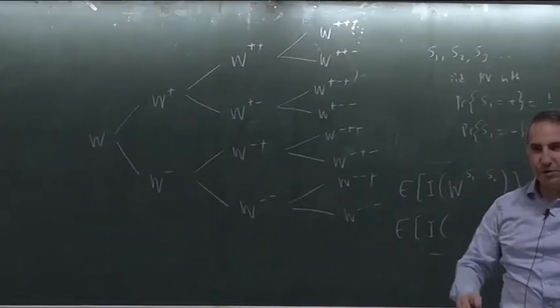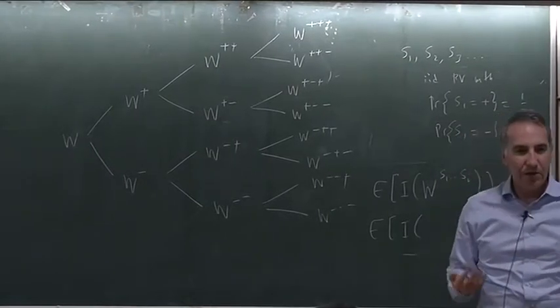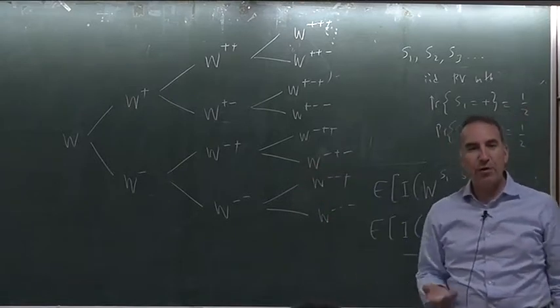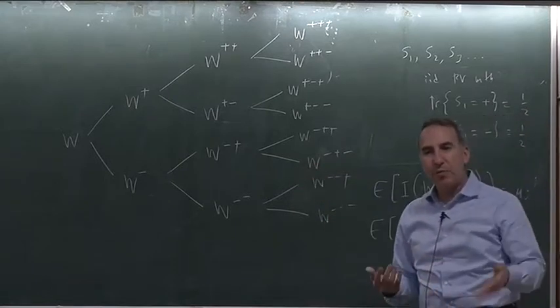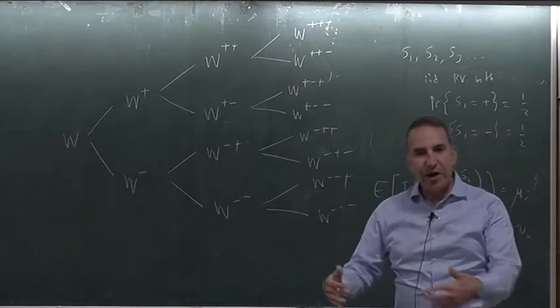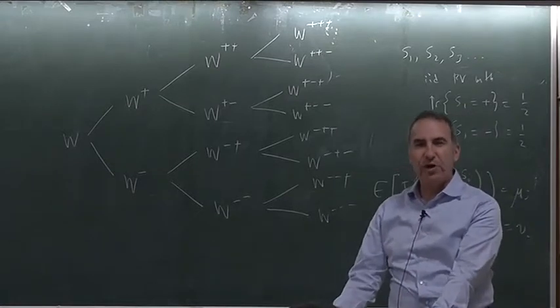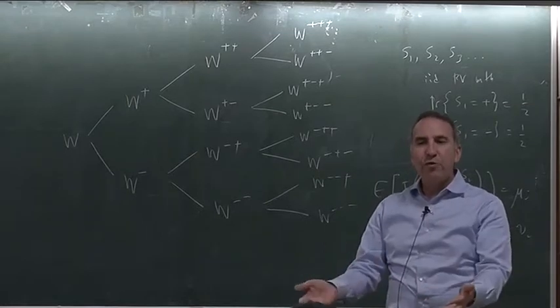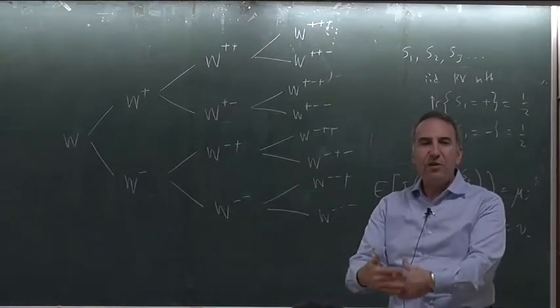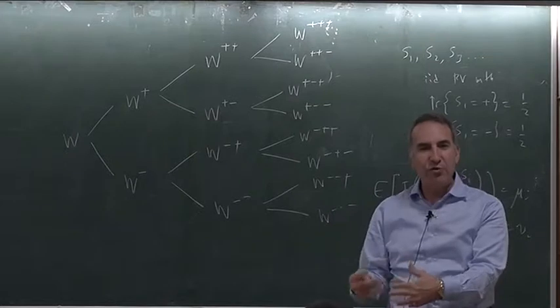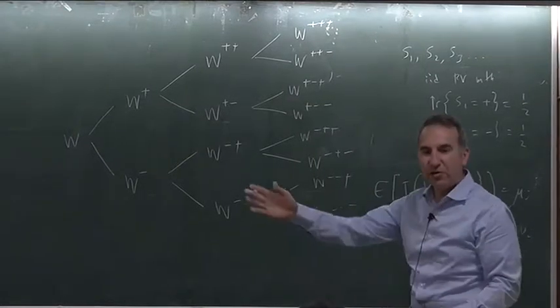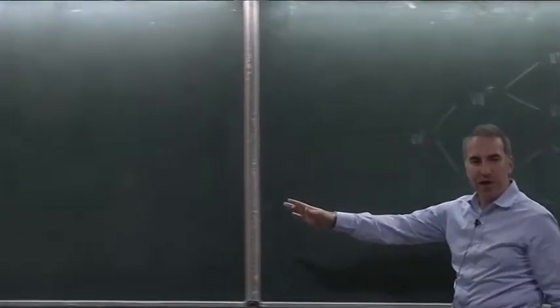If you think of this as a game of chance, and you think of this capital I as your fortune at time I, so you have arrived at a fortune at time I, and you play the game one more time, the expected value of your fortune after the gambling is still the same as what you started from. So the casino is not cheating you, nor is the casino giving you some extra advantage. So this is a fair casino game.